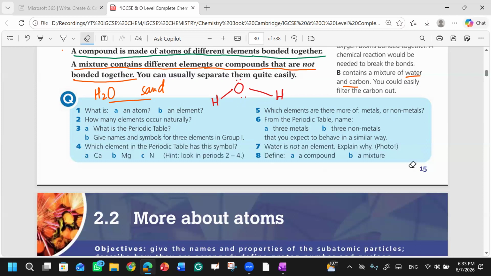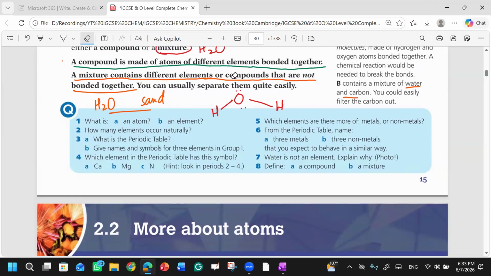Define a compound and a mixture. What is the difference between them? A compound is like 2 or more different elements that are bonded together. And a mixture is 2 or more substances that are mixed together.